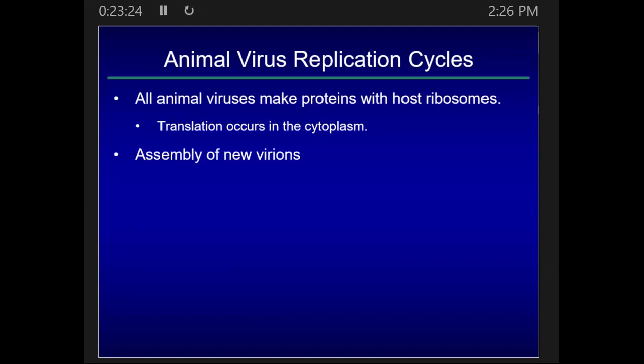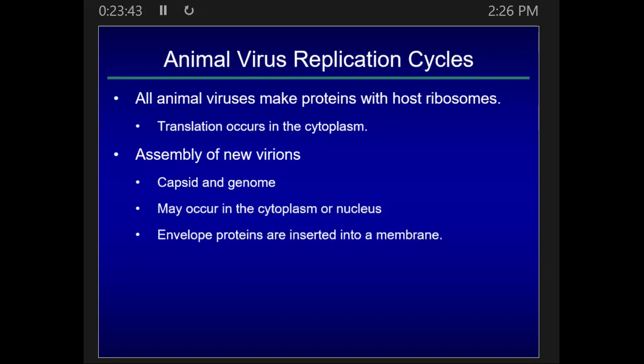And then the assembly, this is kind of weird. I always thought the assembly is always in the cytoplasm. Not necessarily. They're finding some viruses can actually do assembly back in the nucleus. So even though they make all their proteins out in the cytoplasm, they may ship them over to the nucleus. Basically, it just depends on what virus is being studied, whether assembly is happening in the cytoplasm or the nucleus.